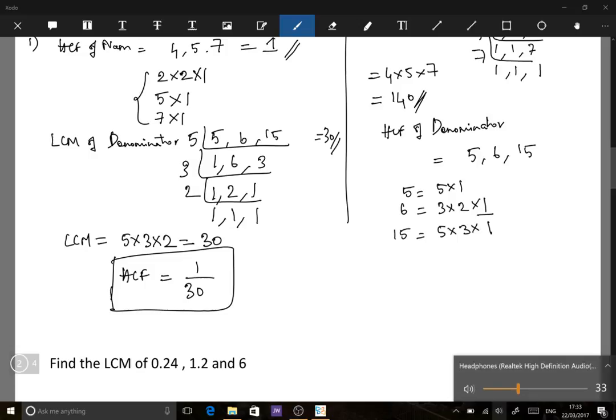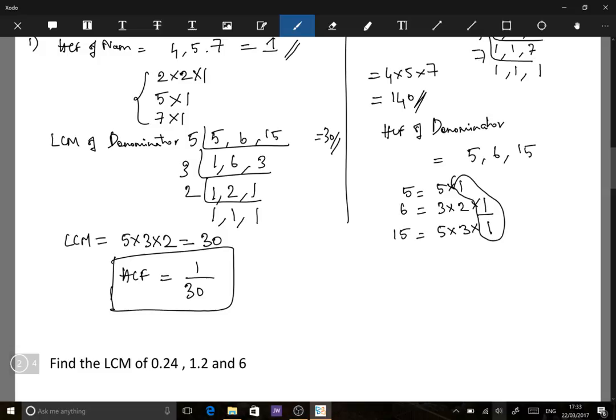See, 5 is present in the first one and the last one but not in the second one. 3 is present in the second one and the last one but not in the first one. So what can be the HCF? It is nothing but 1. So HCF is 1.